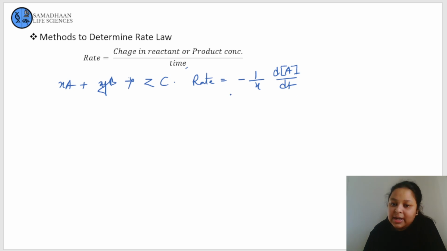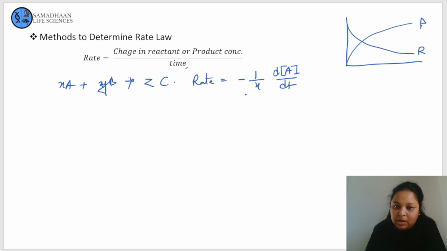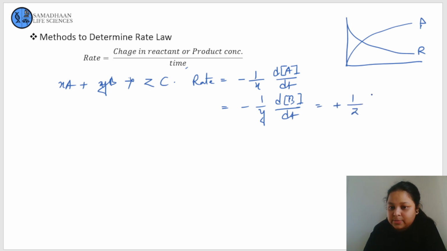Why this negative? Because with progress of reaction, the reactant concentration is decreasing while the product is increasing, right? Now we can write this rate like this too, with respect to B, and also with respect to the product. For the product, the sign will be positive. Now we have two forms of rate.